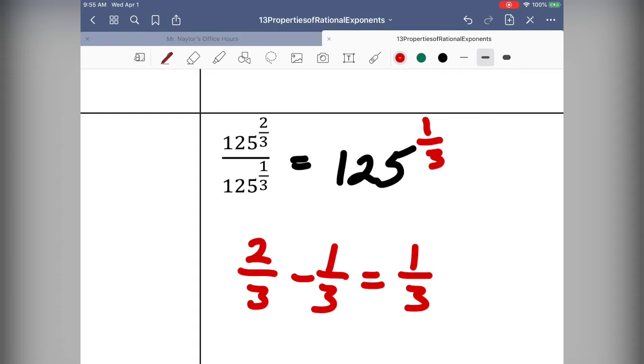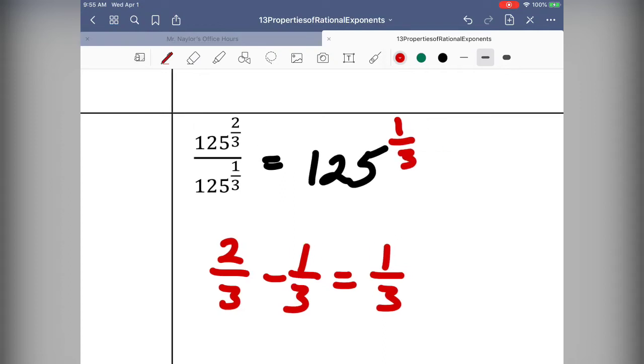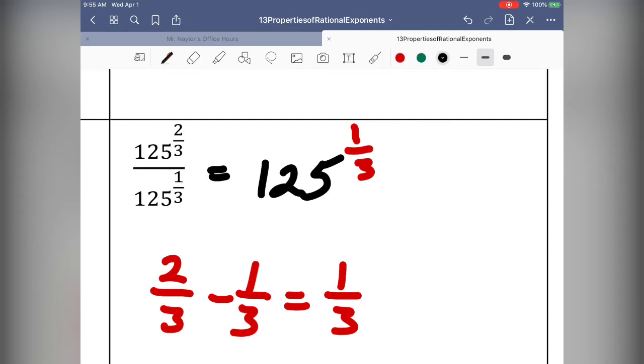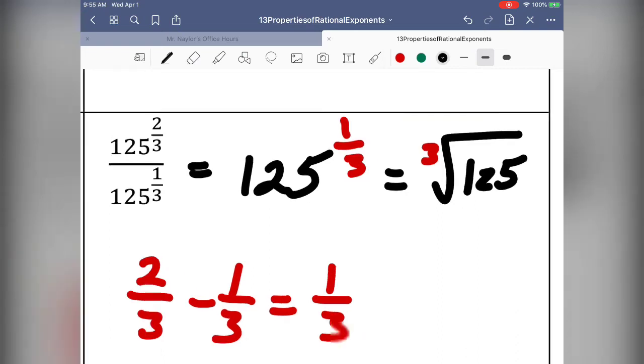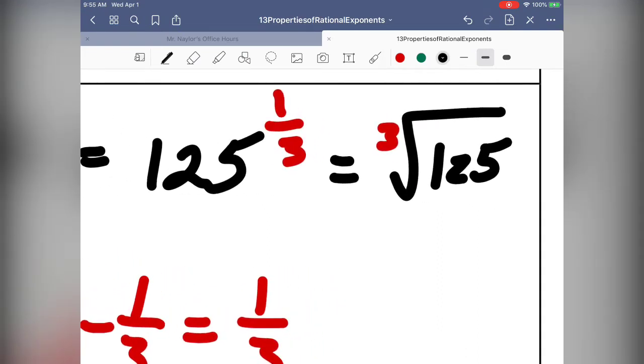That is 125 to the 1/3. Now, interesting moment here, 125 to the 1/3. You should realize that that is the same as a root of 125. Actually, the third root. So, is there a third root of 125? Well, yes, there is. There are 3 numbers that multiply to be 125.